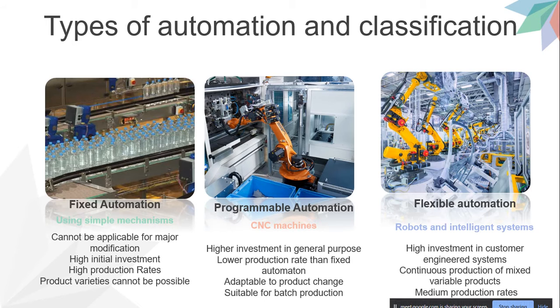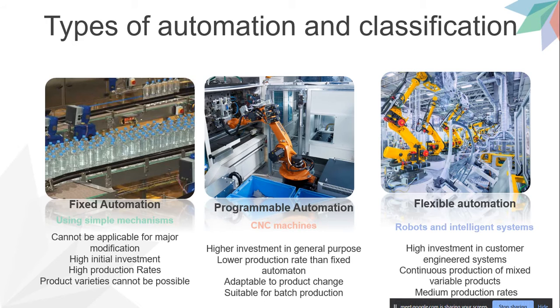The best example for this is programmable design for your apparel or any wearable. It has a lower production when compared to fixed automation, but you can adapt to change. For example, if you want to change the product design, this is more suitable when you are planning to produce an apparel of the same material type but with different sizes.